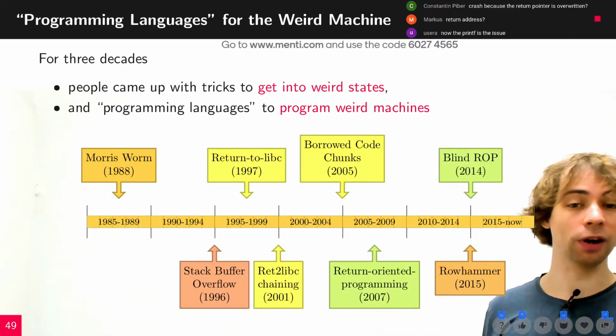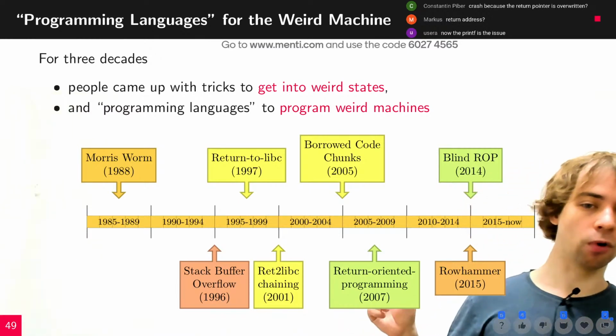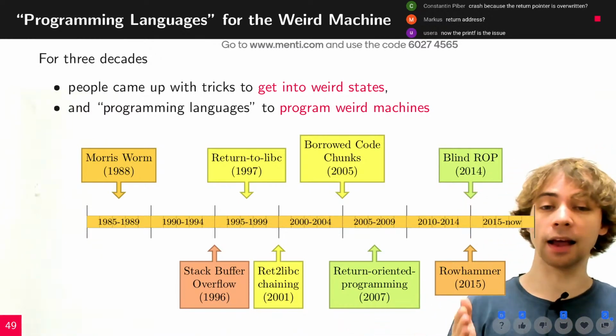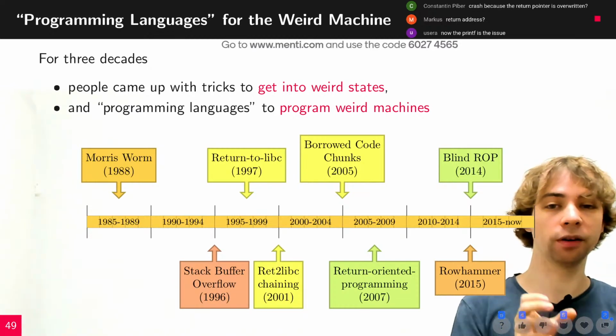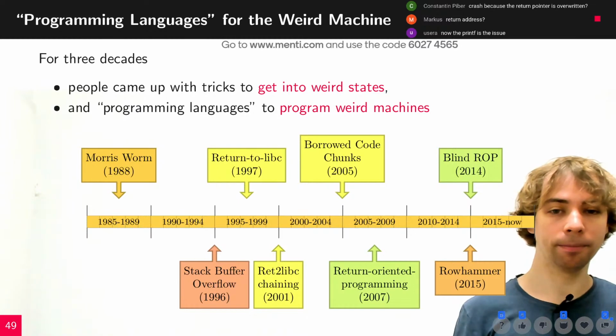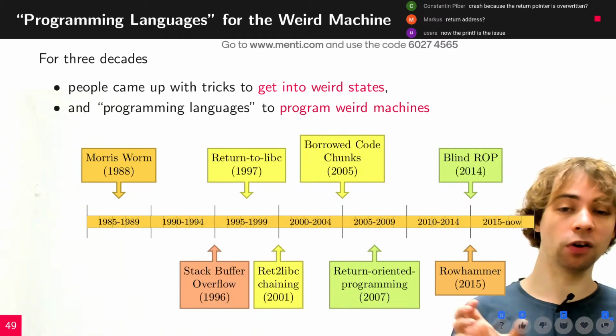And this will be Turing complete then if you have a certain number of return-oriented programming gadgets in the program. And these gadgets are some instruction like a move operation, a push operation, maybe some arithmetic operation, and a return instruction.